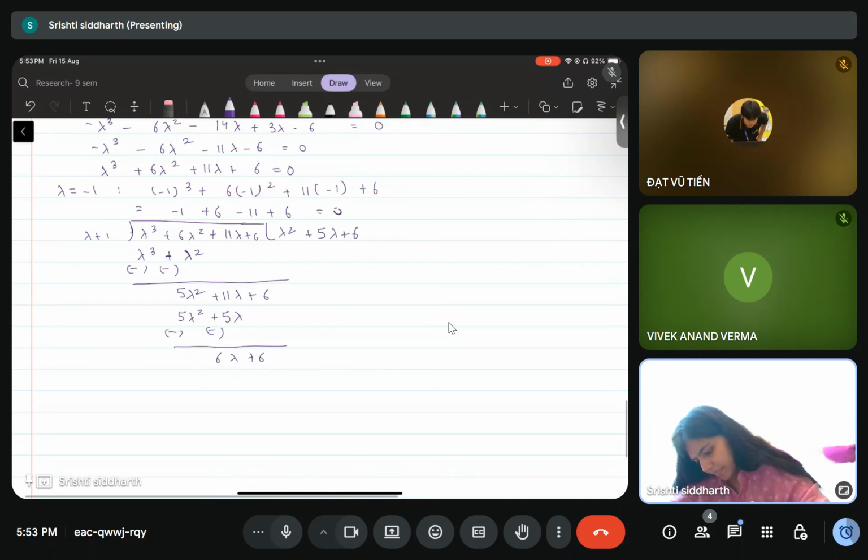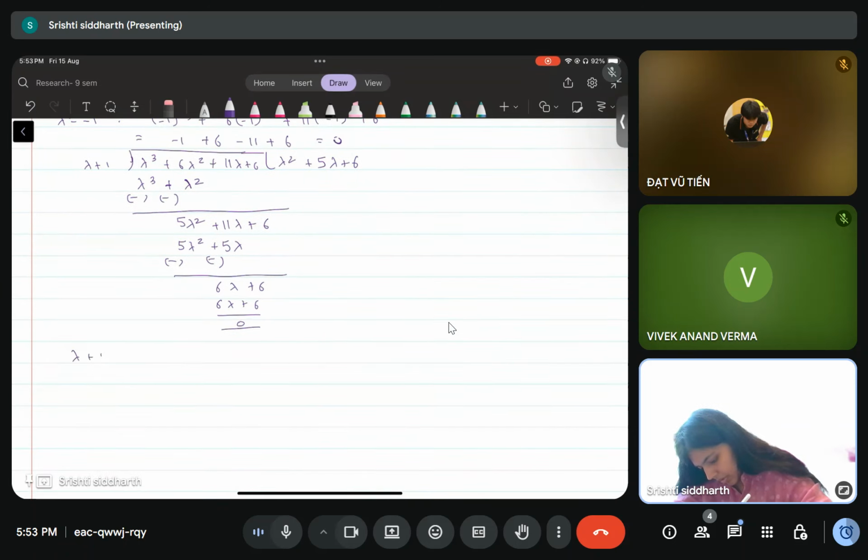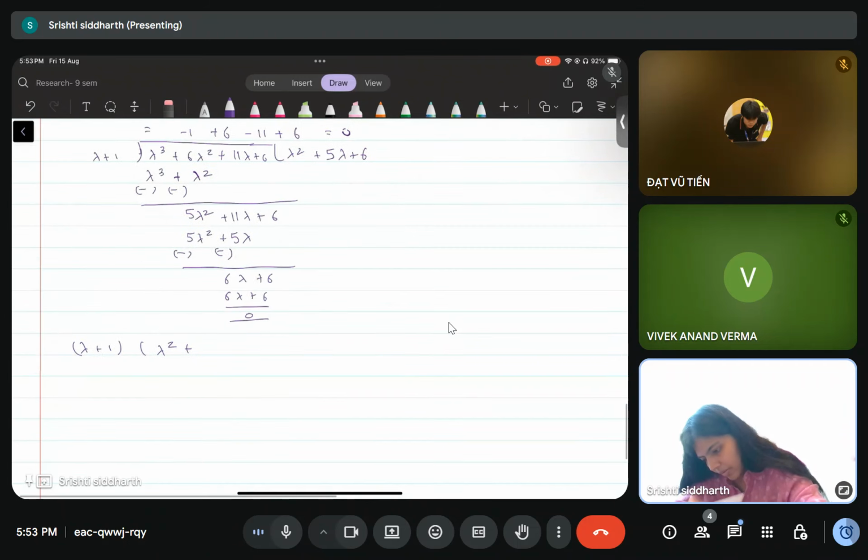So this is (lambda plus 1) times (lambda squared plus 5 lambda plus 6).